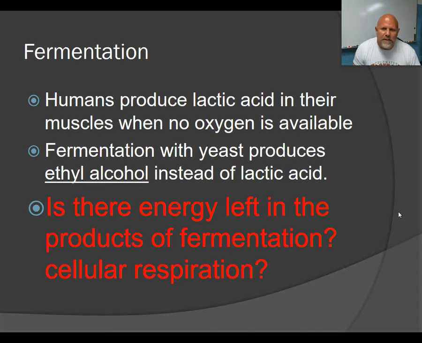Humans can do lactic acid fermentation in their muscles when there's not enough oxygen available for short periods of time, but it really doesn't last very long. There's a lot of energy left over in the products of fermentation. If you think about lactic acid in us, lactic acid can be brought back to the liver to make more pyruvate.